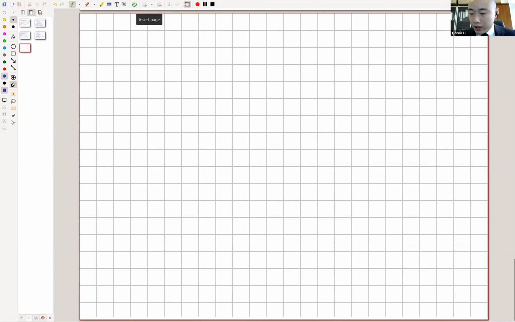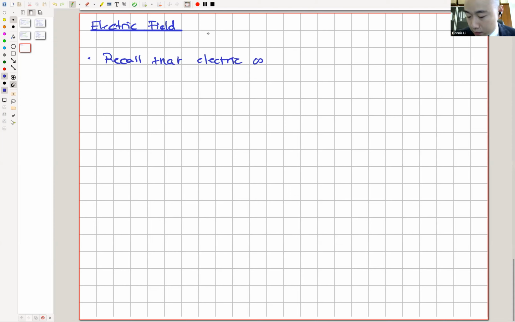Okay, so that's Helmholtz theorem, and let's see if we can rewrite things with this in mind. The first thing I want to do is look at the electric field. Let's recall that the electric field is irrotational. What does this mean?